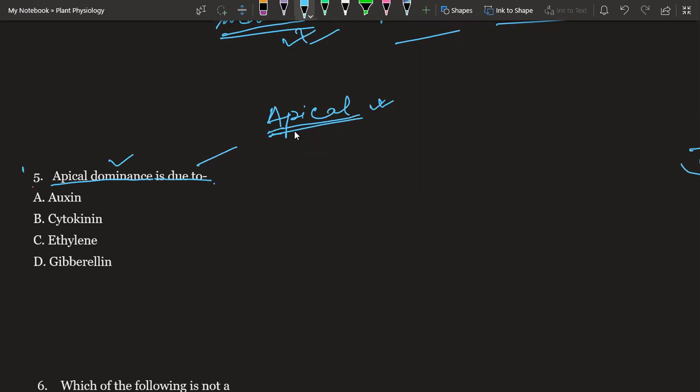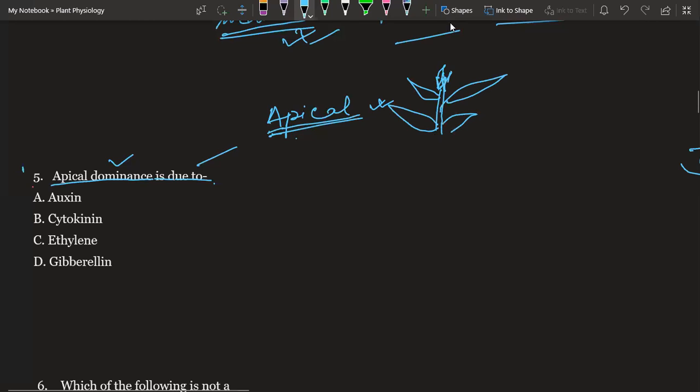So this is actually apical bud dominance in plant growth. Say here there is a plant, with a bud, and these are the leaves.